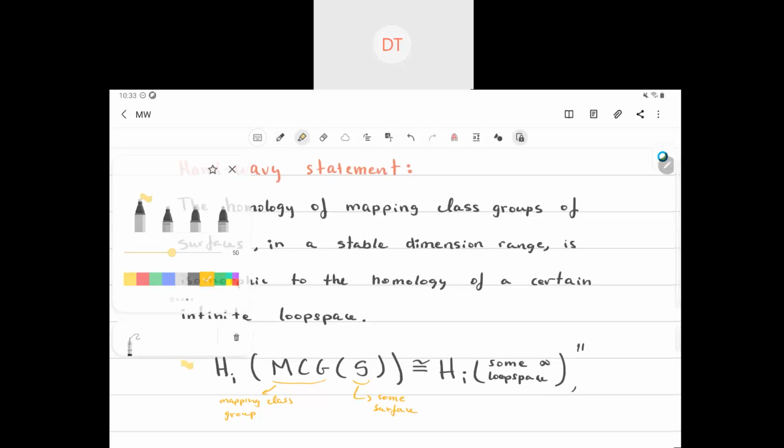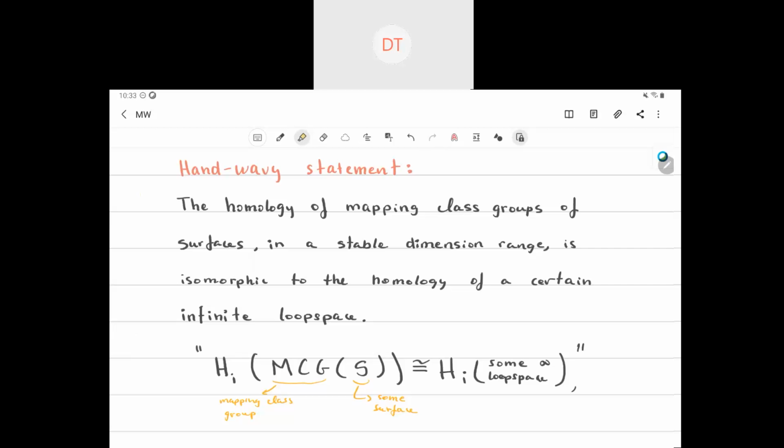What's here in quotes is the homology of the mapping class group on the left.